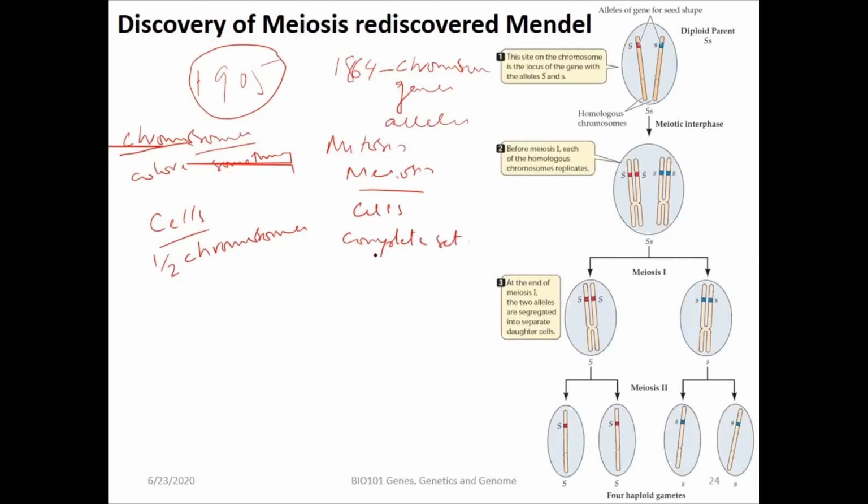For example, if the organism has 20 chromosomes in these cells, in these cells it had 10, half the number of chromosomes.